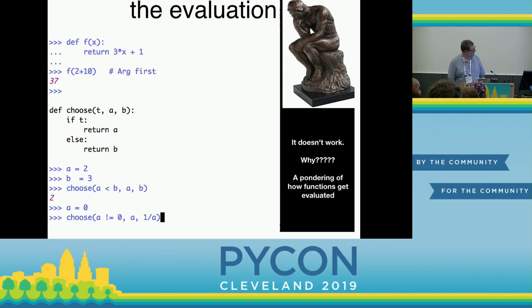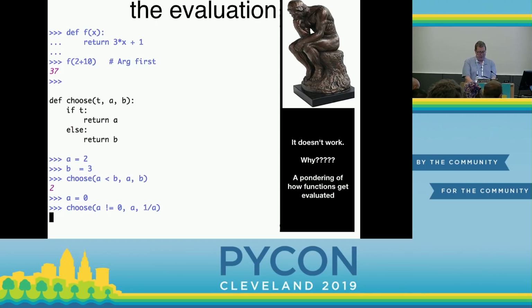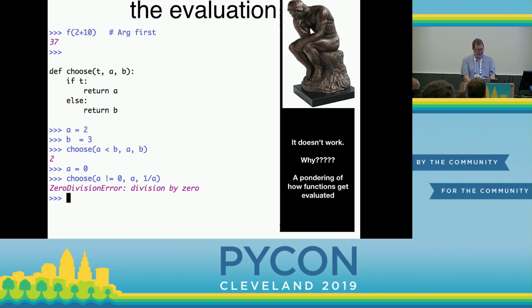If you wrote a function like that, it's going to blow up because it's trying to evaluate both arguments at the same time. It's saying, I'm doing the a, and I'm doing the 1 divided by a at the same time, and it just explodes. Essentially, it doesn't know what to do.